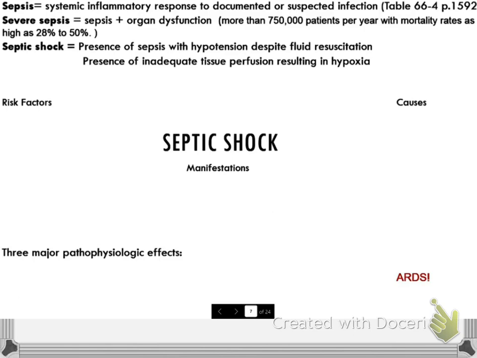That's okay. There are 3 major pathophysiological effects that could happen. So we have that vasodilation, so they're that warm shock initially. Maldistribution of blood flow. We have the decreased systemic vascular resistance.